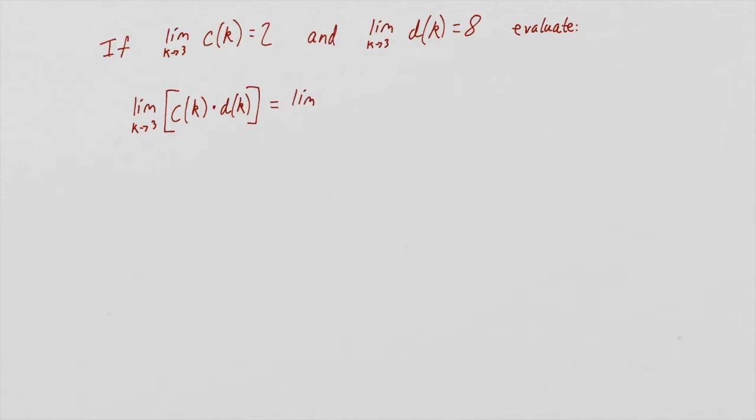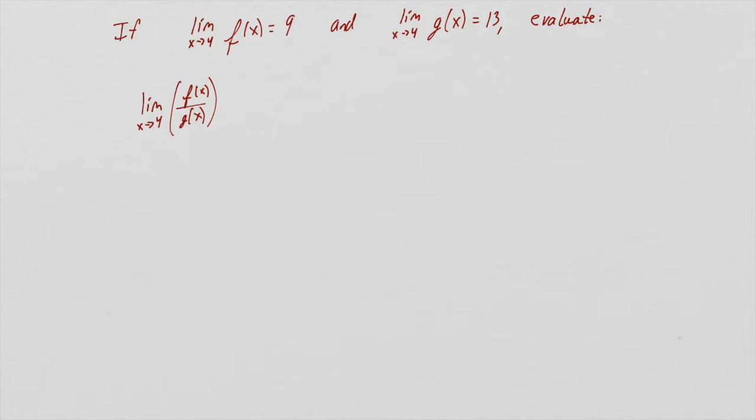So we get the limit as k approaches 3 of c of k times the limit as k approaches 3 of d of k. We know this is 2 times 8, because we were told so in the problem, and our answer here is just 16.